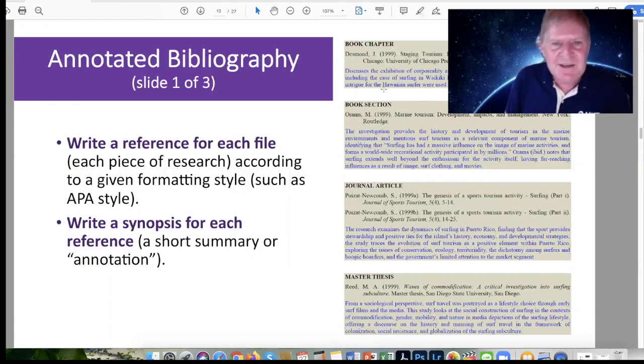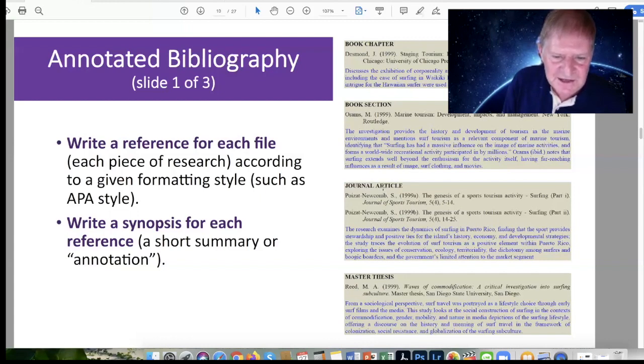So in this case, this is my own style of an annotated bibliography. Often they just simply go alphabetically by author without putting in the years. In this case, you can see all of these are 1999. In my case, I wanted to do this for a reason.